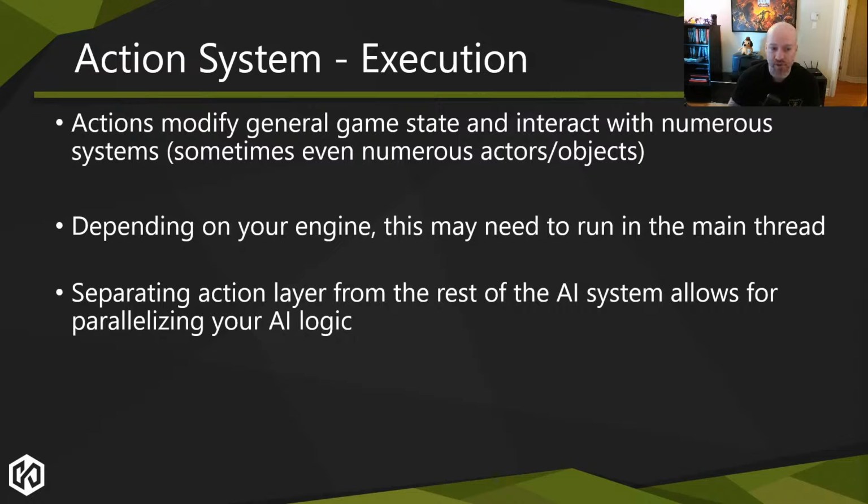And depending on your engine, this may have to run in the main thread. So for example, when we were using Unreal, a lot of the Unreal base systems are not thread safe. So you cannot spawn VFX from multiple threads, because the base actor is not thread safe. So the components get reordered, and lots of things go horribly wrong.